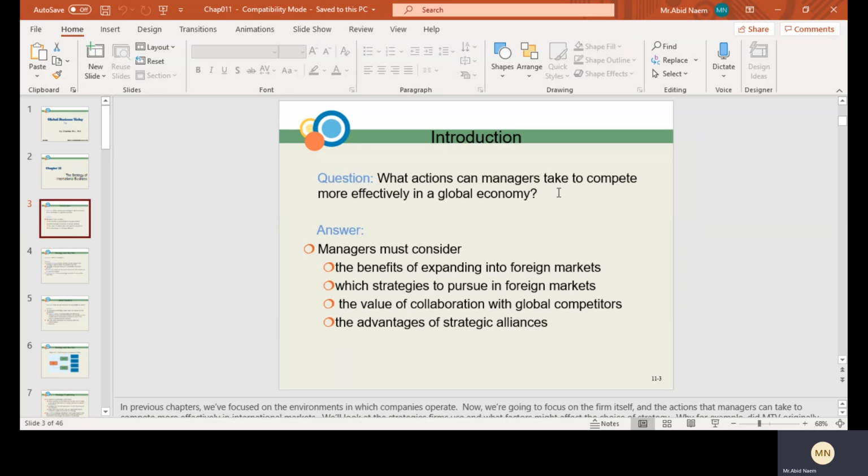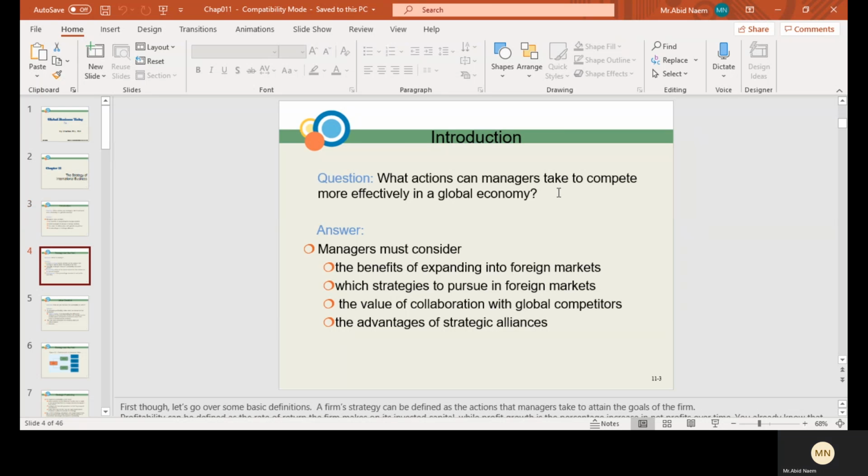At the same time, you have to elaborate and understand the reasons and strategies which you are going to utilize for foreign market expansion, what will be the value of collaboration with your global competitors, and the advantages of strategic alliances you are going to form with other organizations.